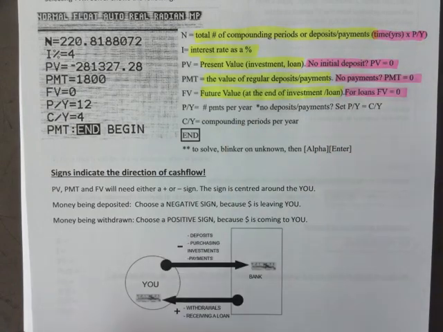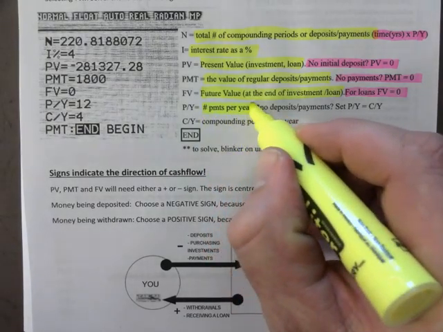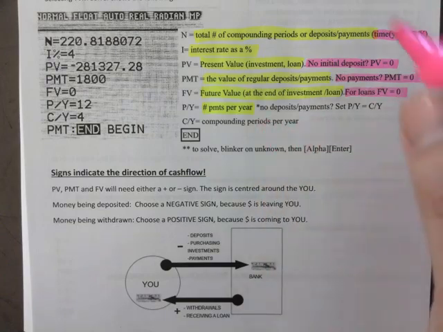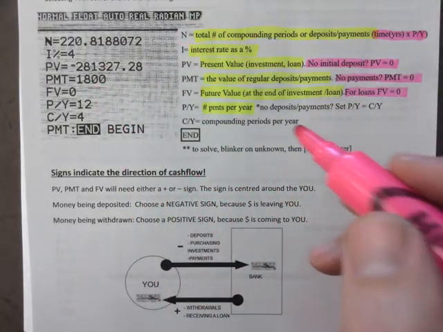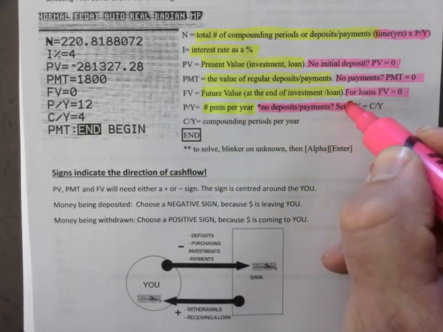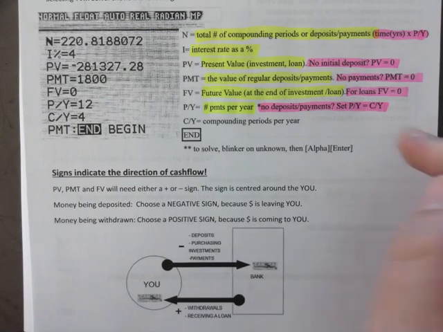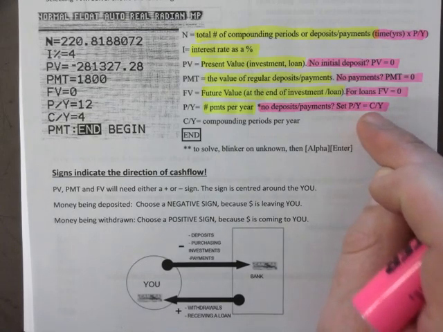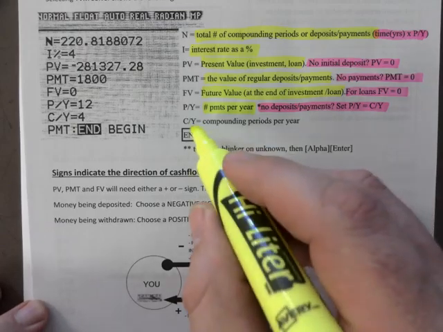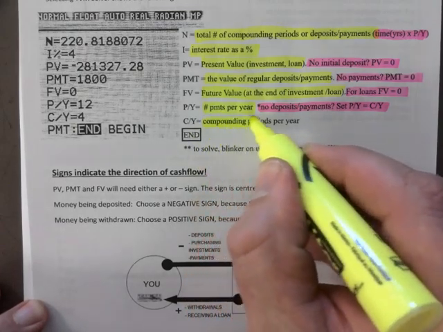PY is the payments per year. And here's the anomaly. I would say take the time today to copy this down. If there are no deposits or payments made, then we set PY equal to CY. You can make this a lot shorter, obviously. And CY stands for compounding periods per year.